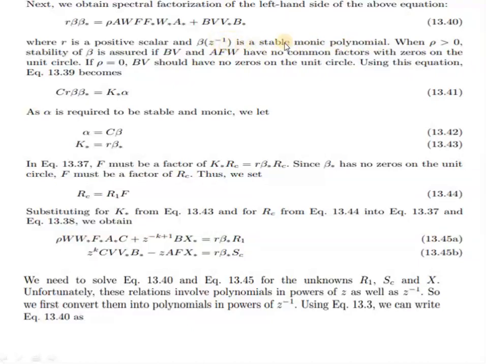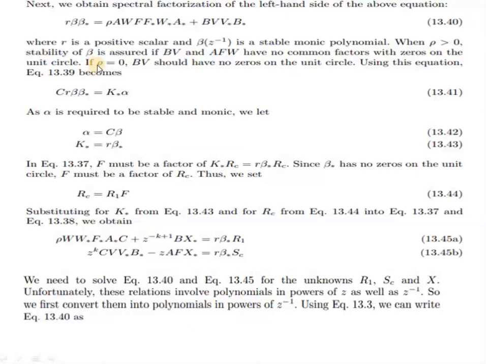We assume beta is a stable polynomial, and when we consider rho greater than 0, the stability of beta is determined as follows: if B into V and AFW have no common factors with a zero on the unit circle, then we can say this beta term is stable.